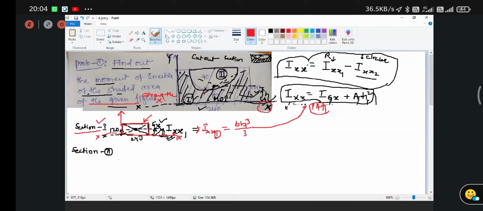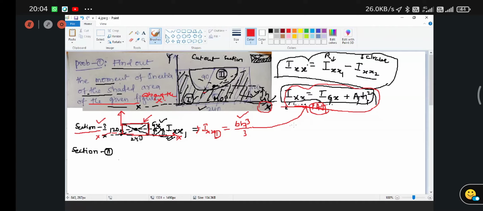Actually by doing this expression from the parallel axis expression only we got this formula. Either you can directly go for the BH cube by 3 formula, or otherwise you can go for this elaborated formula. From both the formulas we are going to get the same value.